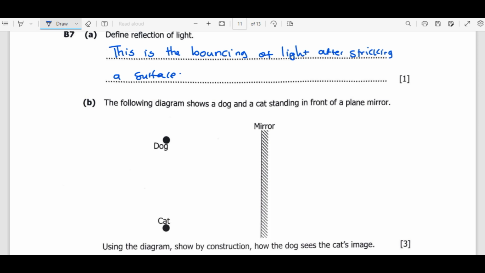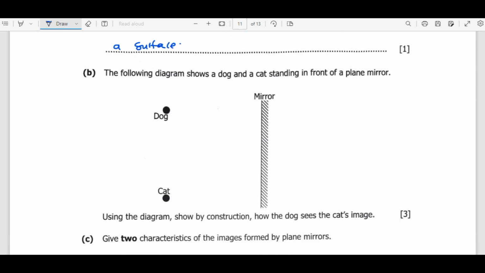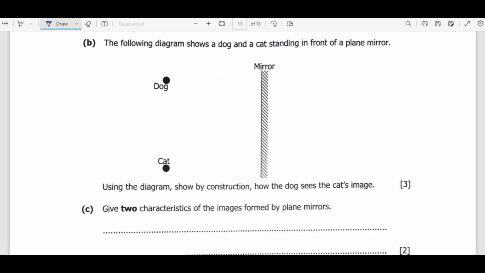Then we'll move on to question B. So question B, we are looking at the image formed by reflection. The following diagram shows a dog and a cat standing in front of a plane mirror. Using the diagram, show by construction how the dog sees the cat. So the observer is our dog, and the cat will be used as our object.